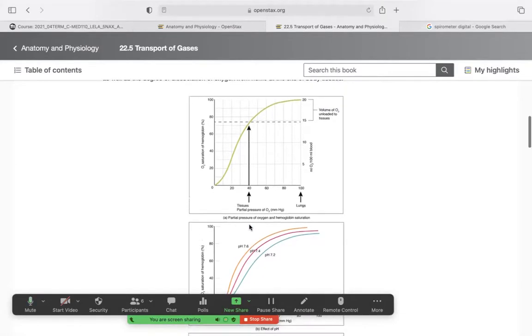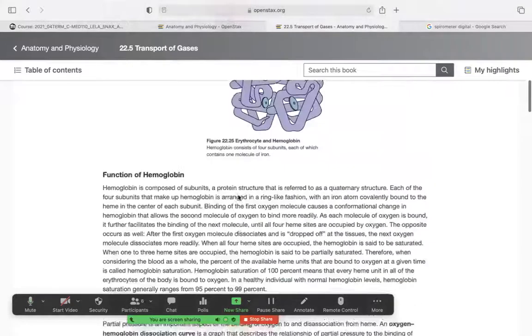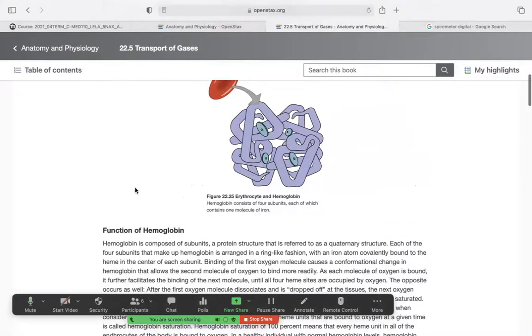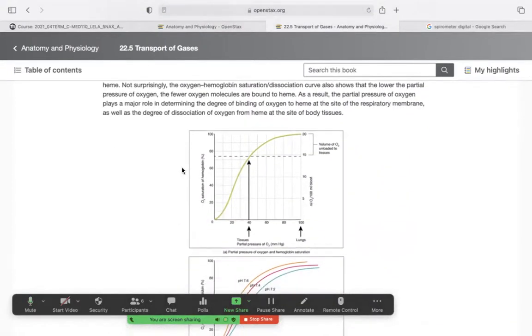And also, if you look at here, I don't want to go too far into it. There's also an optimal curve for oxygen and hemoglobin dissociation, meaning if oxygen can't get onto this little chair and jump right off, then you won't be able to have gas exchange.